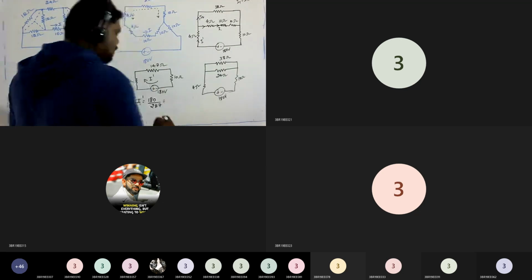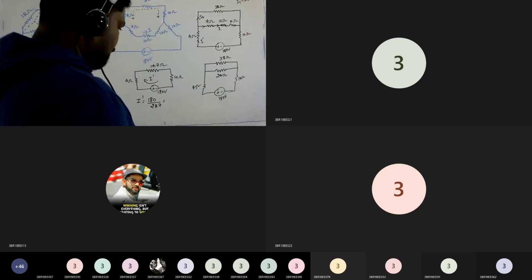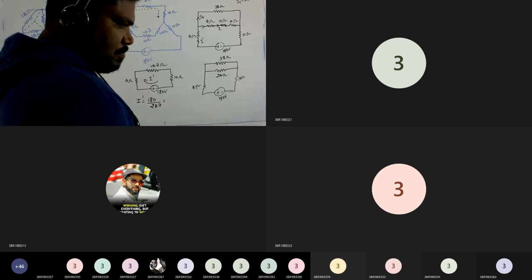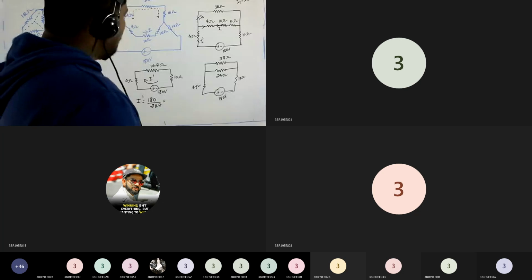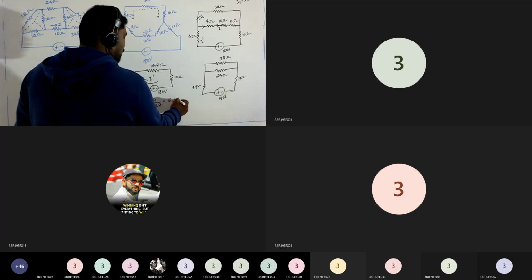What is the total current of the circuit? 6.27 amps.